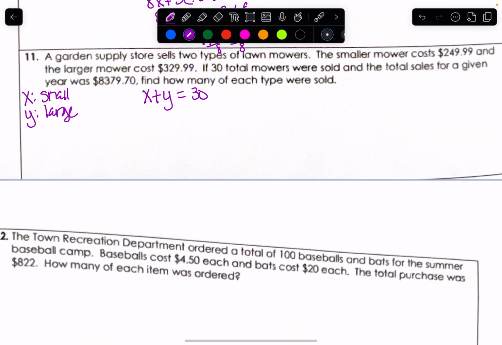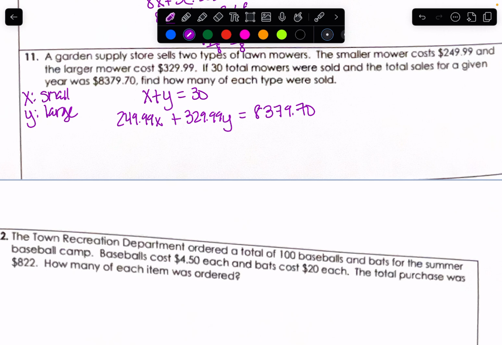If 30 total mowers were sold, so that means I'm adding small plus large to get 30. And the total sales for a given year was $8,379.70. So let's do a small mower, 249.99x, plus a large mower, 329.99y, equals however much they sold here. All right. So those are your 2 equations.